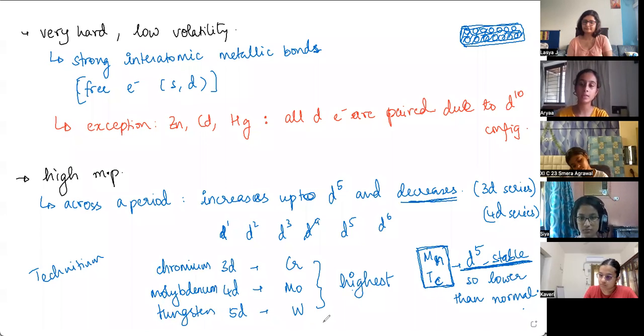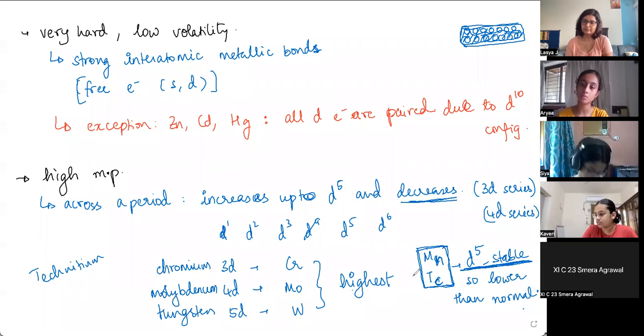How is d5 being stable the reason for manganese to have a lower than normal melting point? So d5 is a stable electronic configuration, right? So it's difficult to remove electrons from a stable electronic configuration.